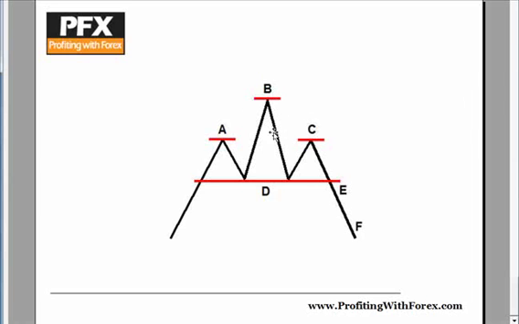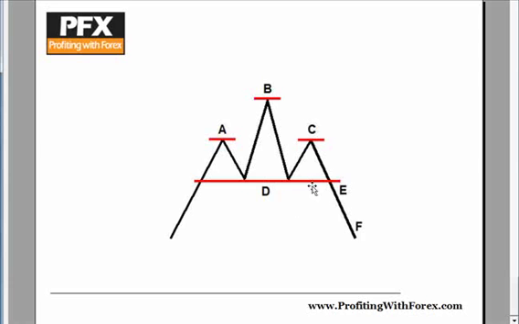So the next time it tries to rally, it only comes back up to the resistance level that was formed by the first shoulder. Then it comes back down and breaks through and continues down lower. So this is a head and shoulders pattern.